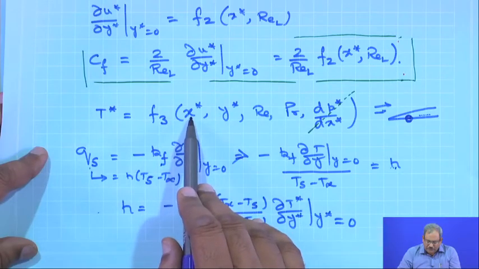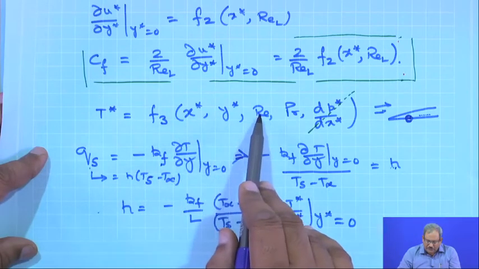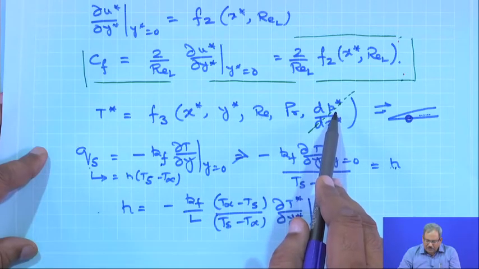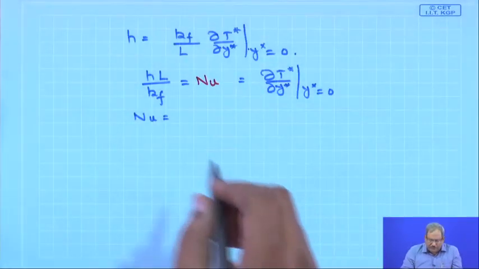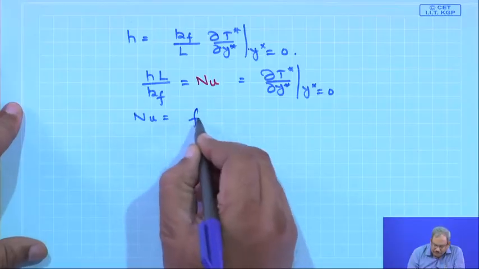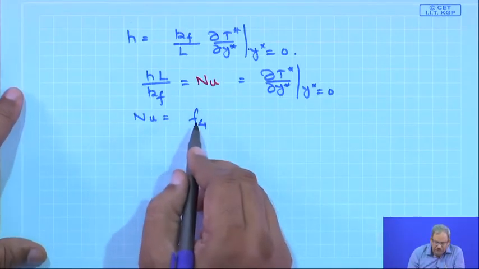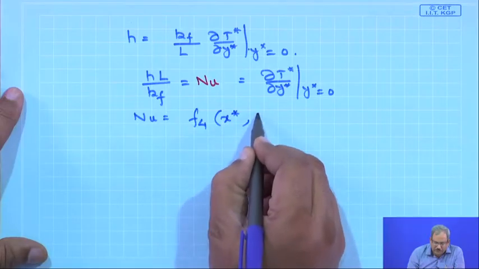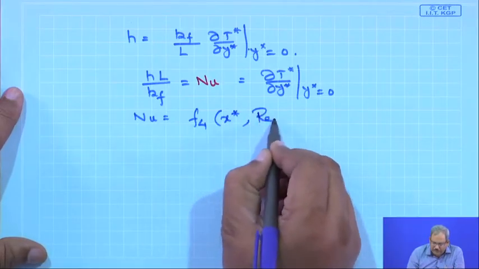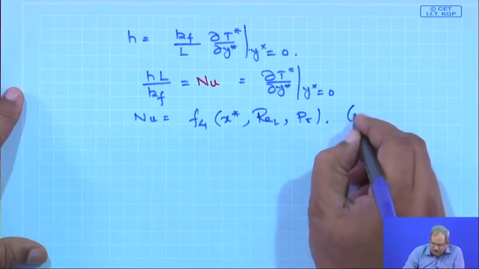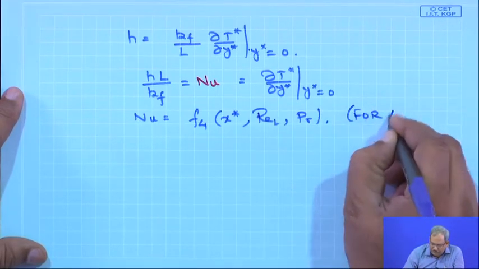That function should be a function of x star, Reynolds number and Prandtl number, provided the geometry is known to us. So, this Nusselt number expression would be some function f4. I do not know what this f4 would be, but it is some function of x star, Reynolds number and Prandtl number, for a prescribed geometry.